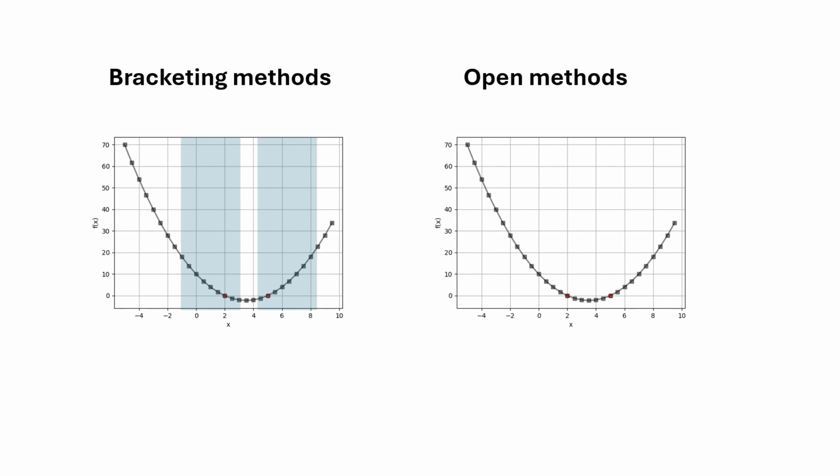To explain how bracketing methods work, we'll focus on the root at x is equal to 2. So we start with the lower and the upper bounds. Then, depending on the method, as each has its own way, we get the next estimate. Now we evaluate the two intervals which are on the left and on the right of the estimate for a sign change.